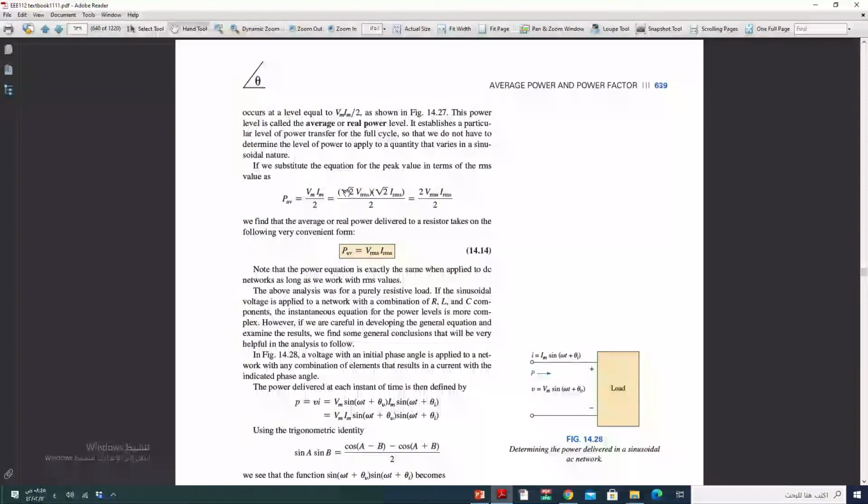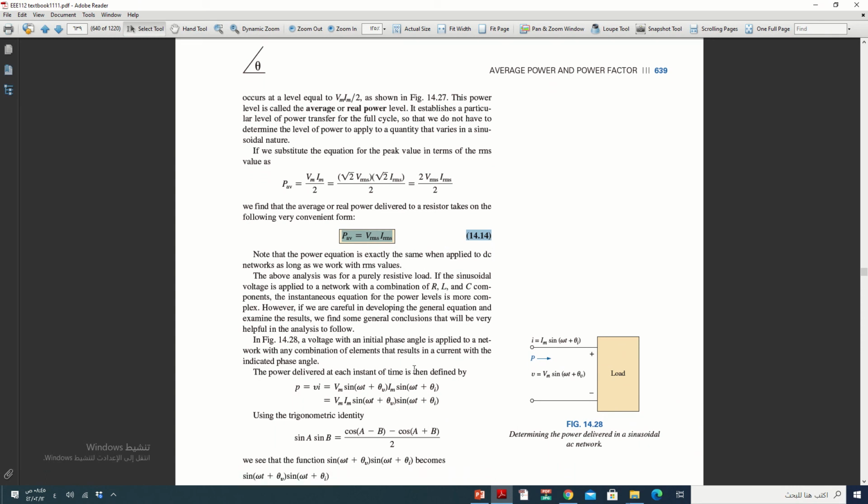Root 2 multiplied by root 2 becomes 2, the 2 cancels with 2, leaving V RMS multiplied by I RMS. This is the formula for the average power. If we need to find the average power, directly multiply RMS by RMS and you will get the average power.